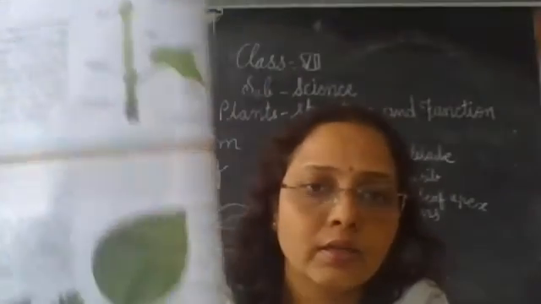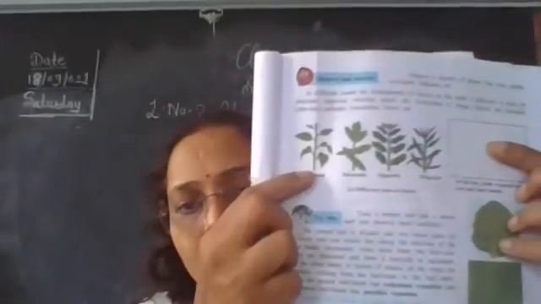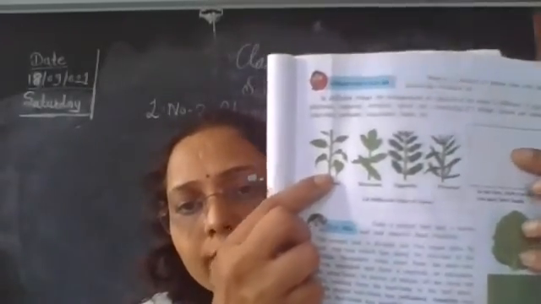Okay, here also you can see the leaves, the different parts of the leaf. Then this is the tip of the leaf. These are alternate leaves. See, this is an alternate leaf.